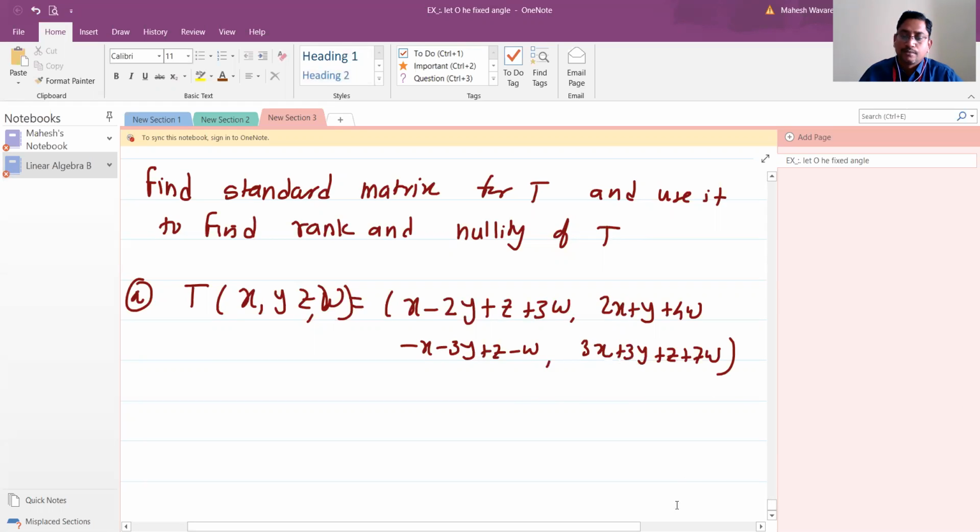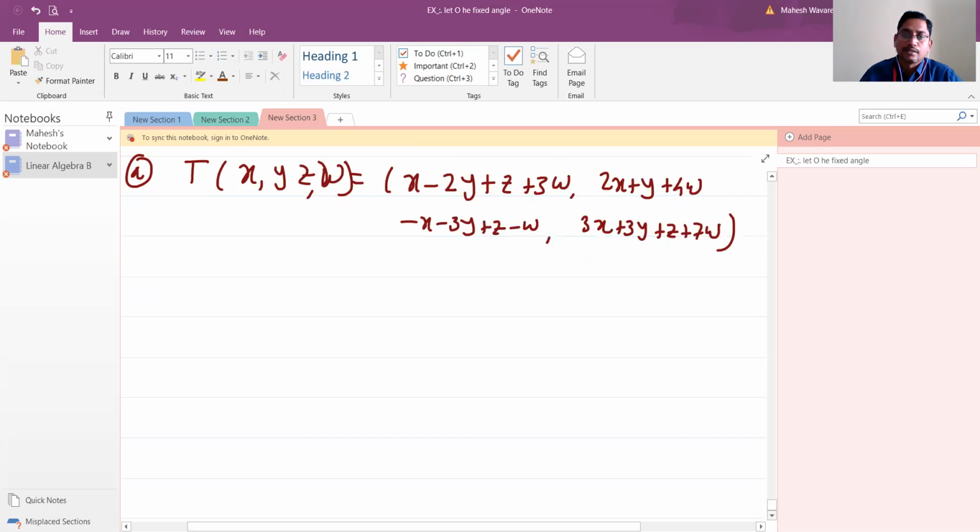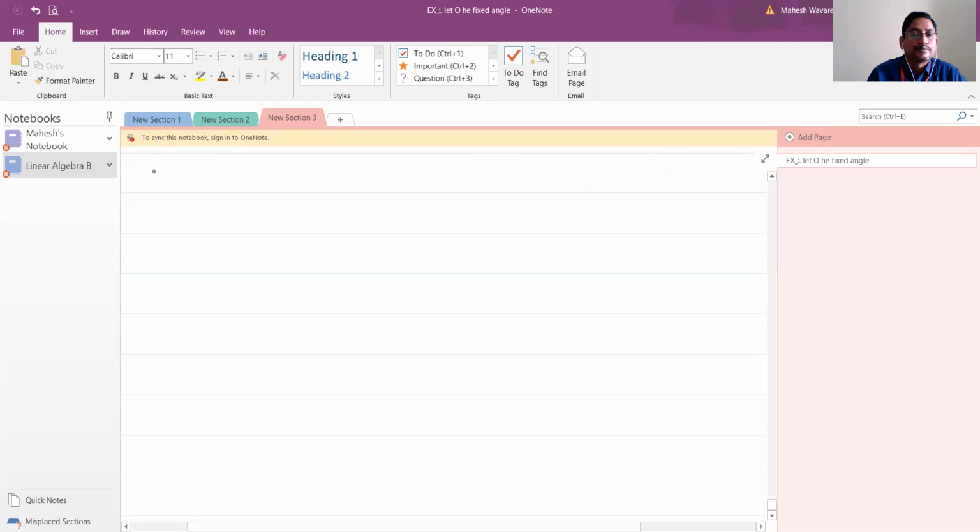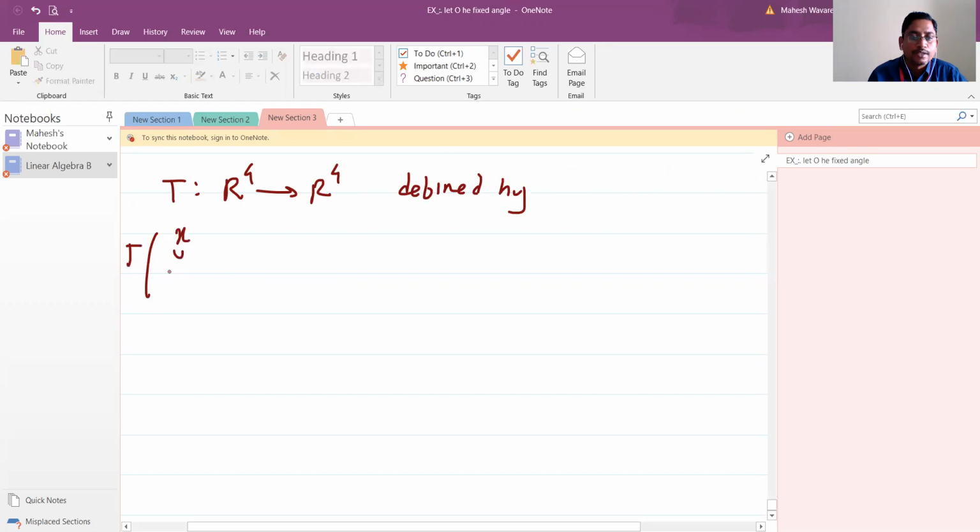Take the second part B, on page number 171. We have to find the standard matrix of this. T is a transformation from vector space R4 to R4 defined by T of X, Y, Z, W. This is any vector from R4, and its image is X minus 2Y plus Z plus 3W.